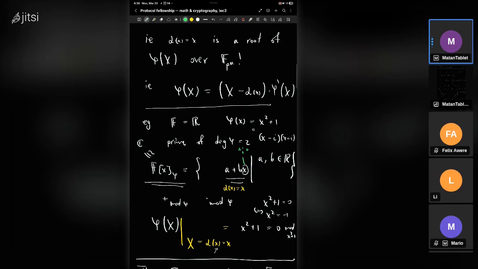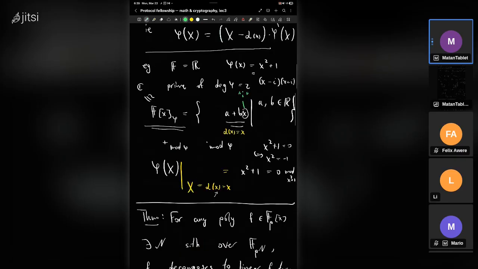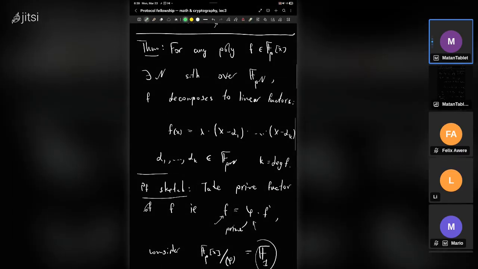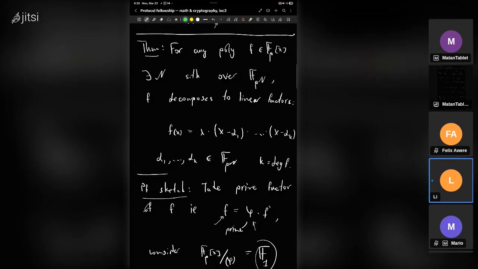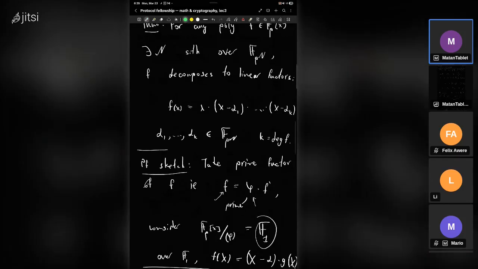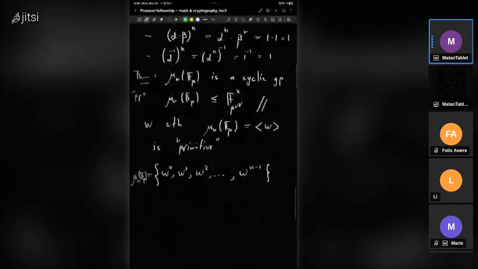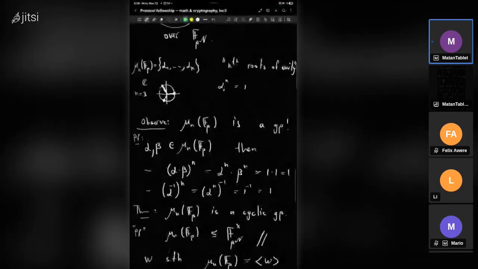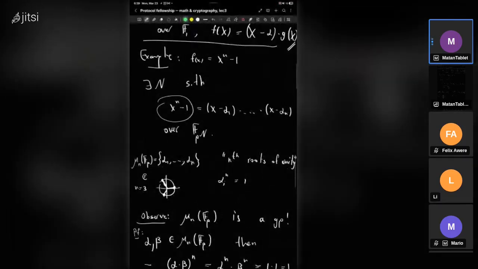So we extended, and you can repeat. The theorem said that you can repeat this thing. So for any polynomial, you can extend the original field enough so that this polynomial has all the roots it can have. Okay? So now I do this for a specific polynomial, x to the n minus 1.